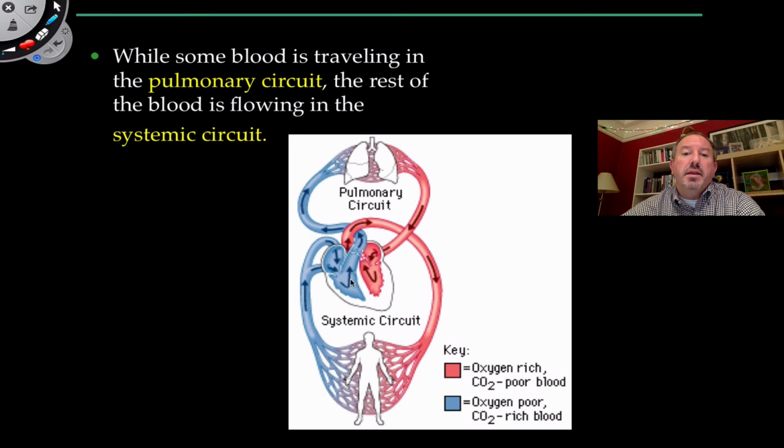So when the right ventricle contracts, it's pumping deoxygenated blood into the pulmonary artery through the pulmonary semilunar valves, and it's blue.